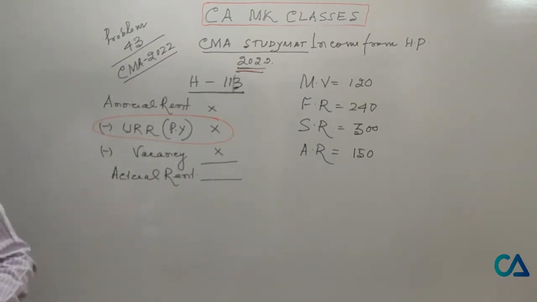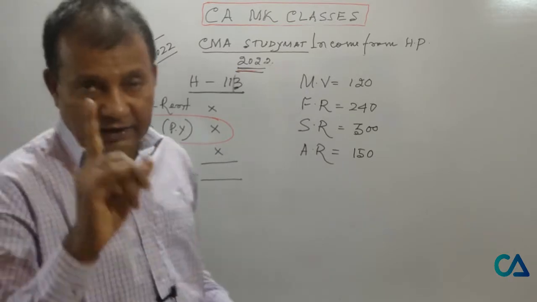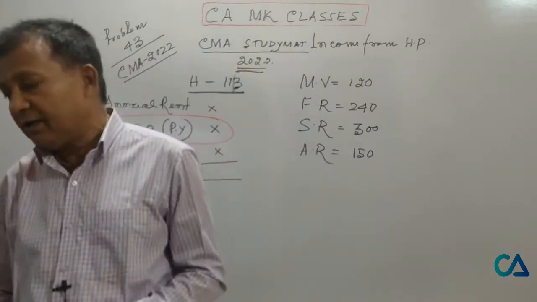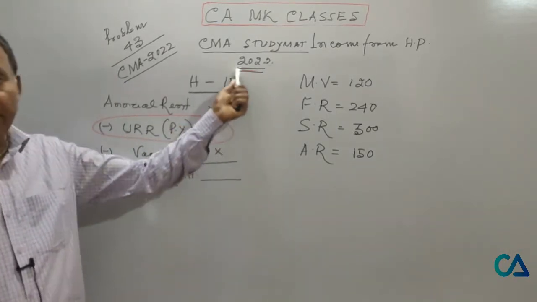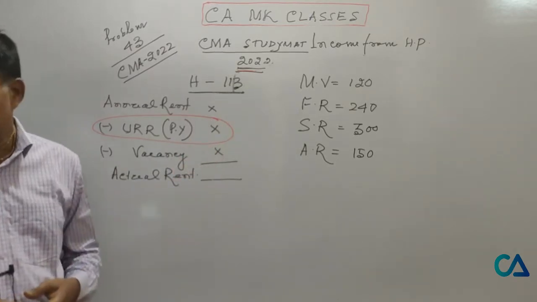So very important, unrealized rent of the concerned previous year. Some students take any unrealized rent to be deducted, but this is wrong. You note it, unrealized rent of the current previous year will only be deducted. And in this house property 113, there is no vacancy.